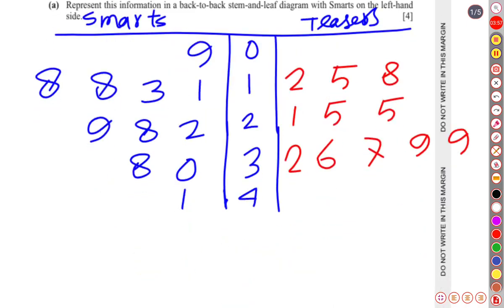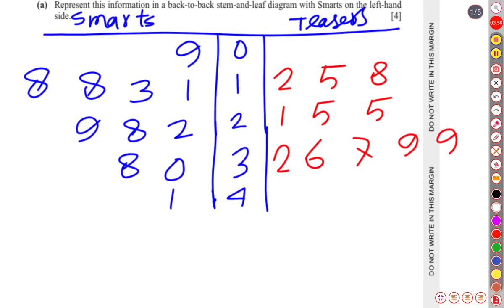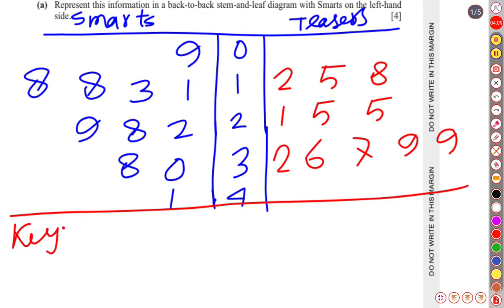Let us write the key of this stem and leaf diagram. Key is equal to, let us close this box. Suppose we are choosing this 3 in the middle, 0 on the left side, and 2, shows that, we are going to explain what it shows.